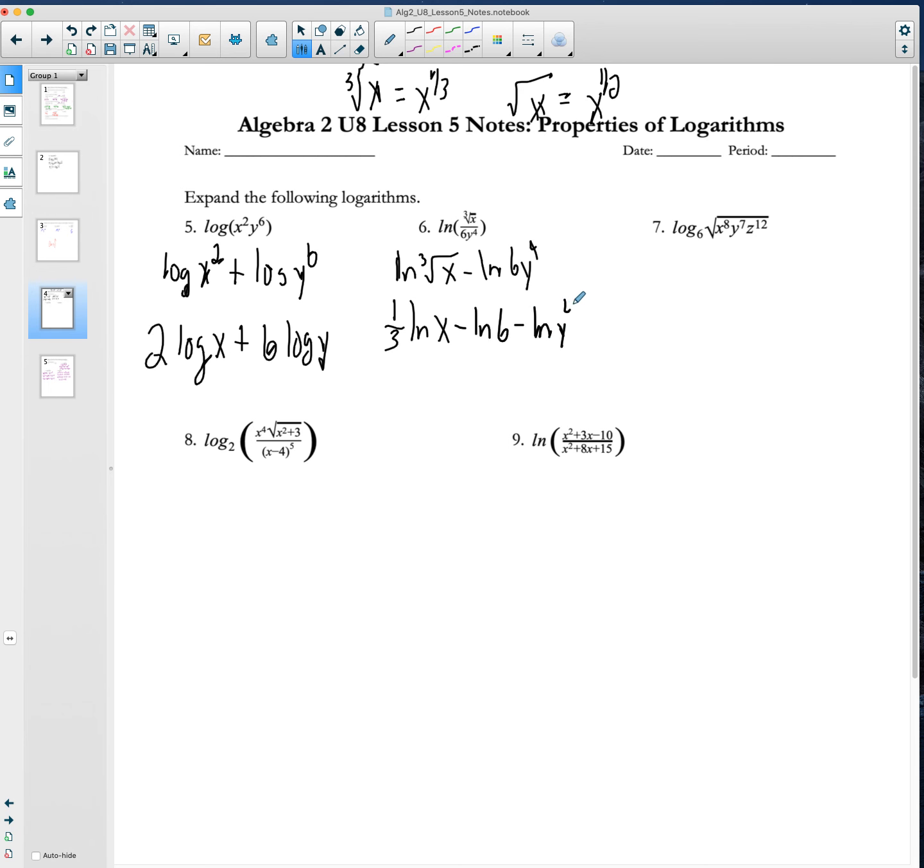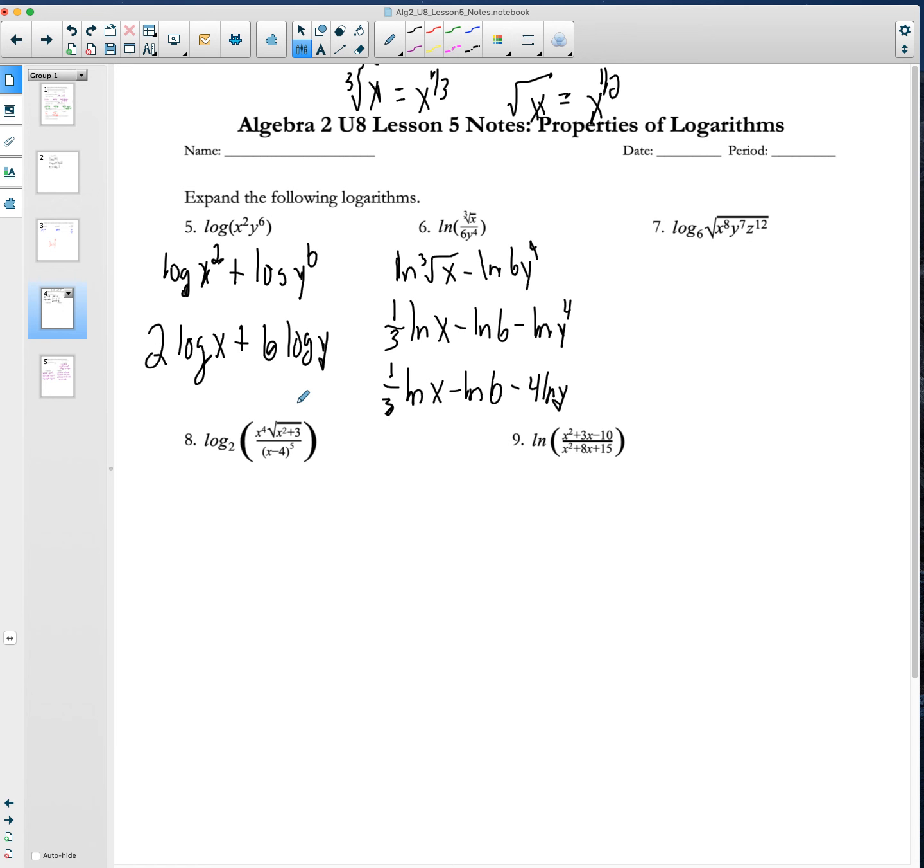Nothing else I can do with the first part, so I can just bring that 1/3 natural log of x down, minus the natural log of 6. And now I can get to my power property here, and I can bring that 4 out front like that. And that takes care of our problem there.